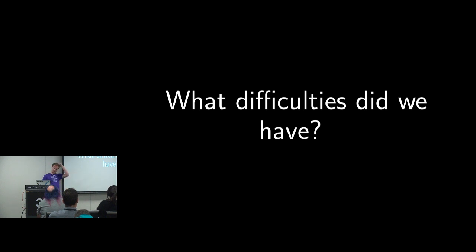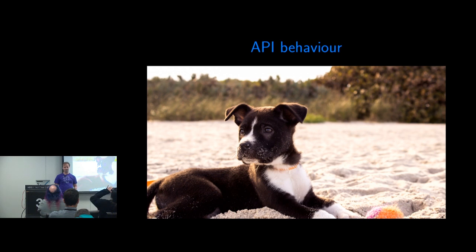But like I said, we ended up removing Android. Not all of them are Android's fault, but we did have some issues. So what are the difficulties we actually ended up having with Android? One of them is API behavior. Generally, the Android APIs are very well documented.